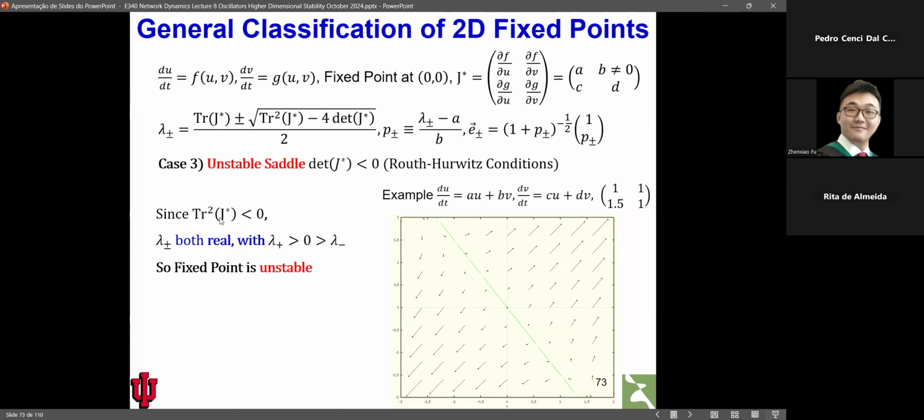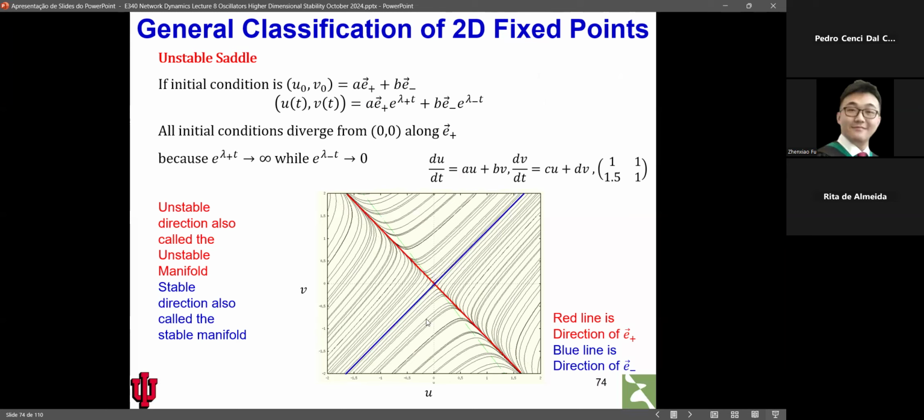And since the trace is less than 0, both are real, but now lambda plus is larger than lambda minus, and lambda minus is negative because this thing is larger than the square root. So the fixed point is unstable because lambda plus is positive.